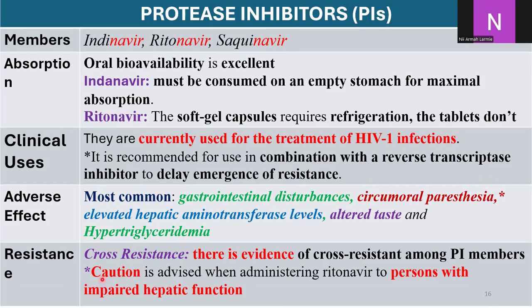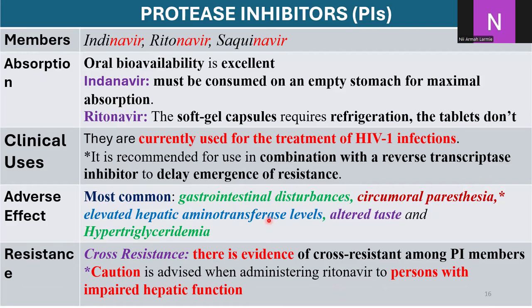Also note that when you are administering ritonavir to people with impaired hepatic function, it's very important that you monitor or avoid it because the drug can affect the liver. Elevated hepatic aminotransferase levels are an indication of liver damage. So once the patient has impaired function, if possible, avoid the medication.